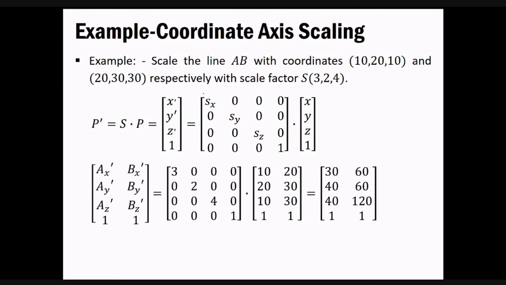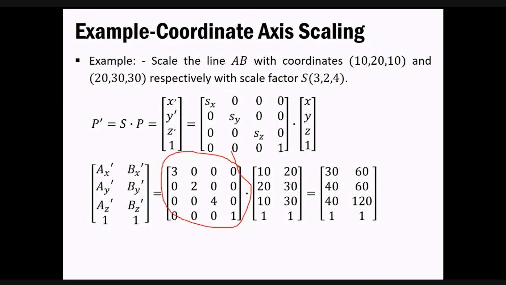Now you have to find the resultant matrix, that is Ax', Ay', Az', Bx', By', and Bz', with the scale factors given to you as 3, 2, 4. Your calculation will be a bit more difficult because now you are considering a 4x4 matrix instead of a 3x3 matrix, since we have one added piece of information. So we have this matrix: 3000, 0200, 0040, and 0001.